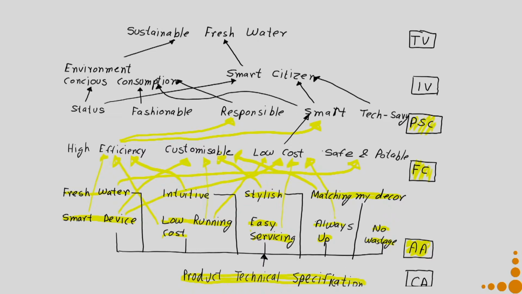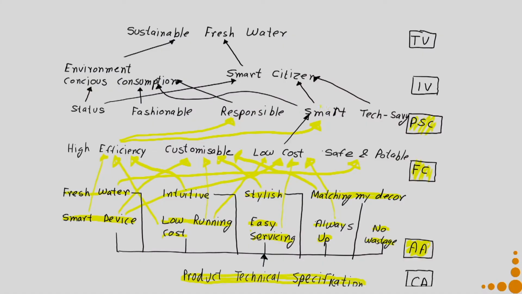It might also get connected to, okay, not in this case to any other point. So then let's come to customizable. You can see that each time you go to the next layer, you have to again go back to the entire chain and see whether the linkages could be created or not, or whether you need to add on new attributes, new consequences, or need to change the product specification itself. Say now my smart device is related to smart citizen. Tech savvy is related to smart citizen.